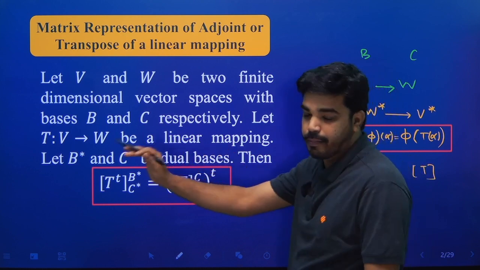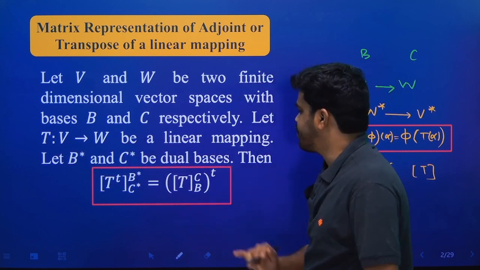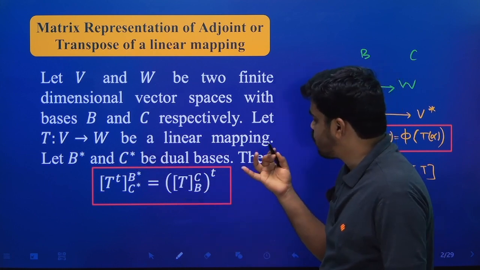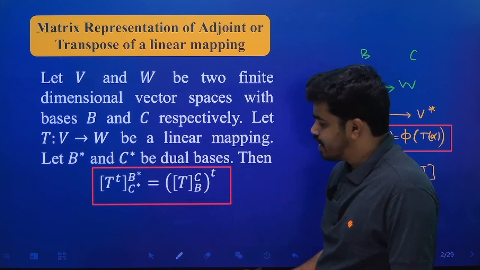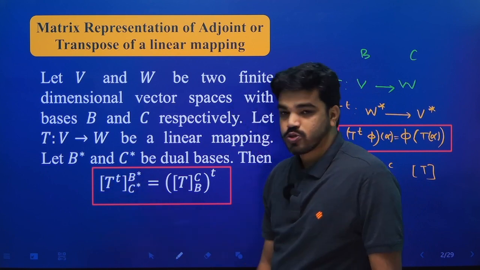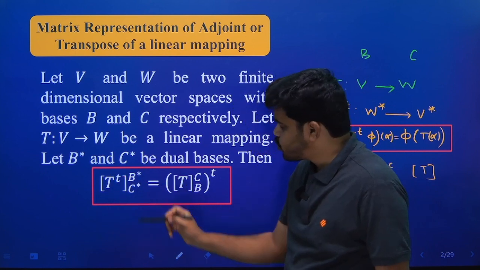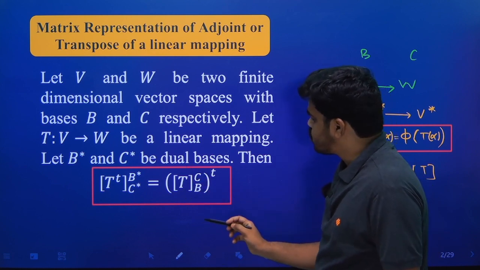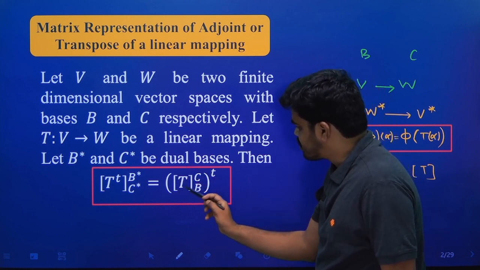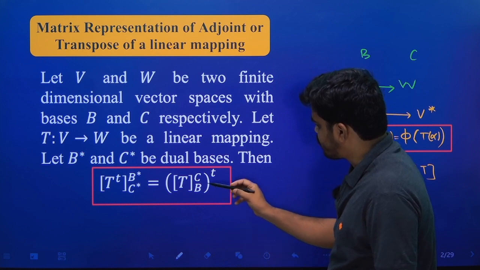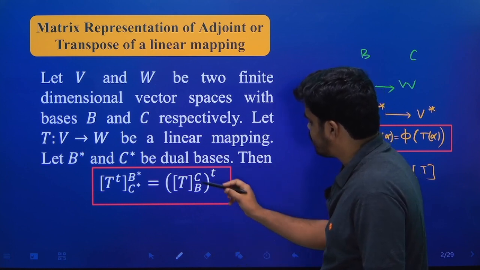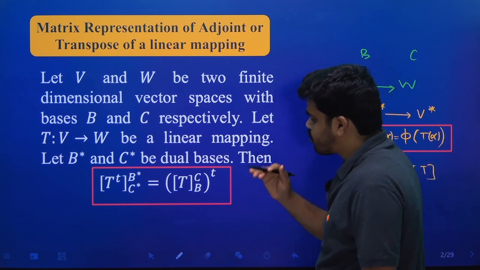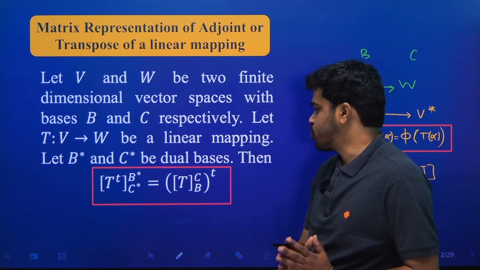Let T, a mapping from V to W, be a linear mapping, and let B star and C star be the dual bases. Then the matrix of T transpose with respect to C star and B star equals the matrix representation of T with respect to the bases B and C, whole transpose. We will solve problems based on this result.